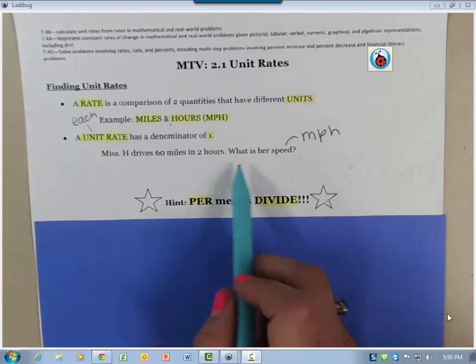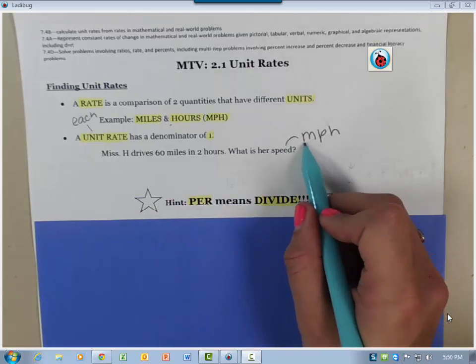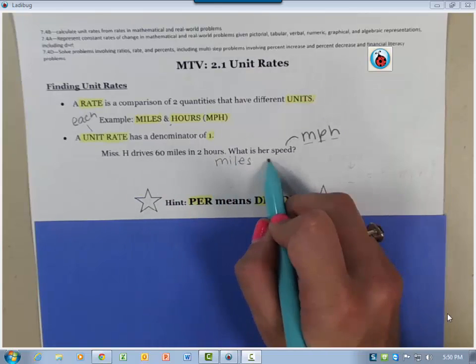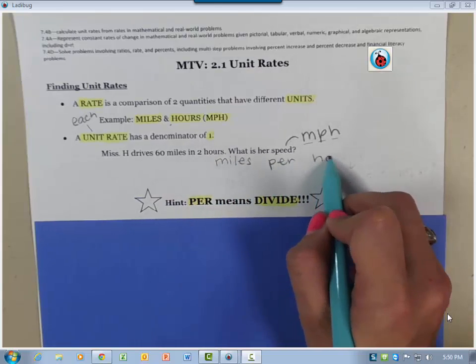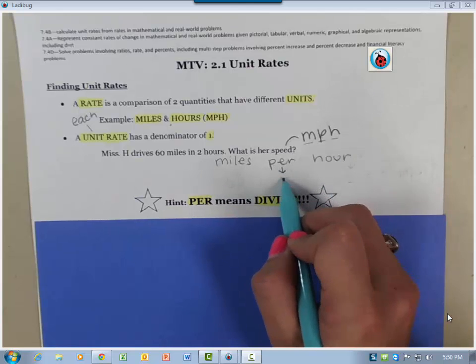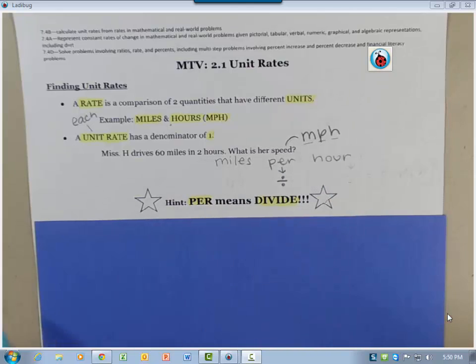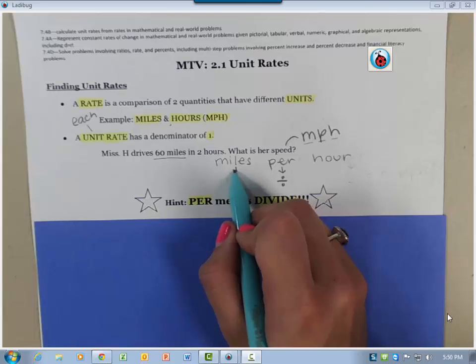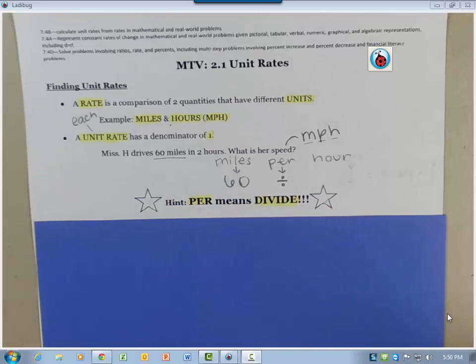So, if we're talking speed, I found miles per hour. I want to rewrite miles per hour, so rewrite that with me. Per means to divide, so we're going to put a division sign. How many miles? Does your question tell you how many miles? Good, 60 miles. So you're going to rewrite 60. What about hours?